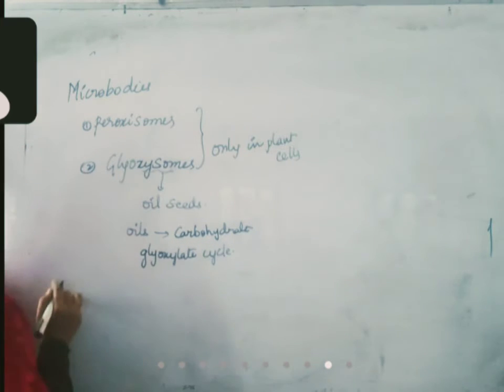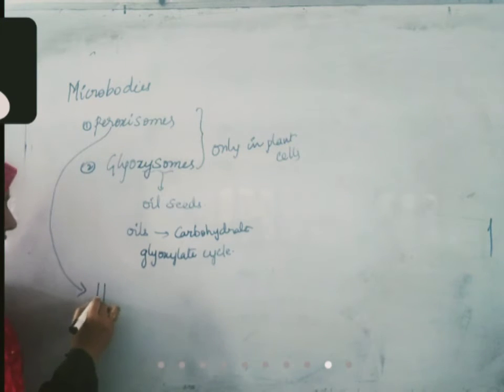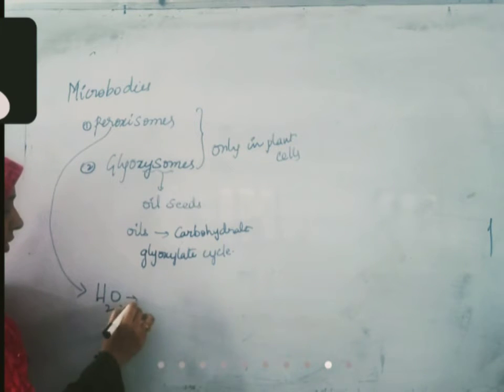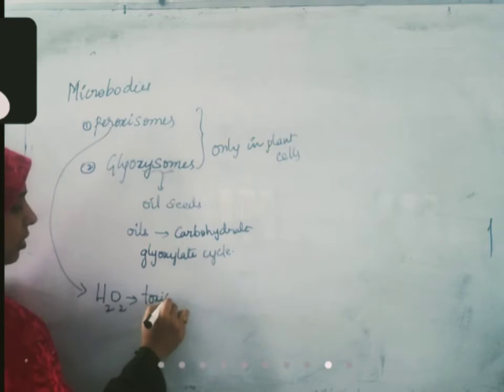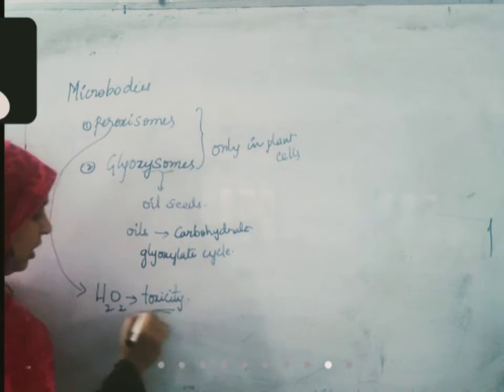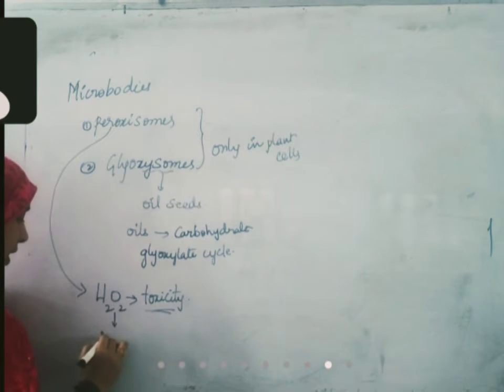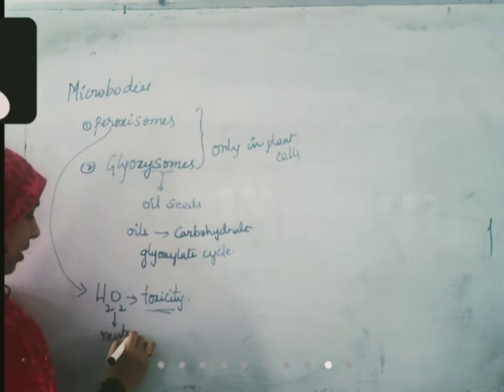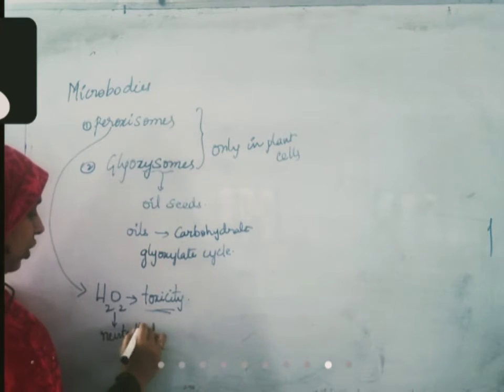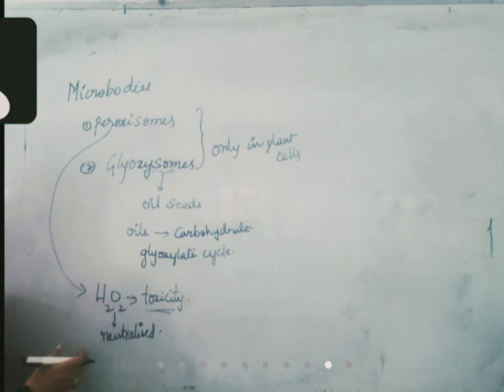Okay. Second, what is the function of peroxisomes? As the name suggests, first thing is hydrogen peroxide has some toxicity. This toxicity of hydrogen peroxide is neutralized by peroxisomes. Hydrogen peroxide is neutralized, it is removed from the body by converting into other molecules.